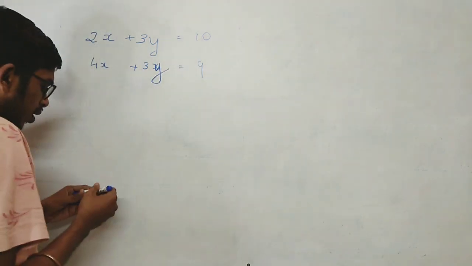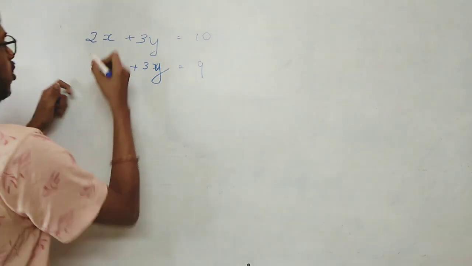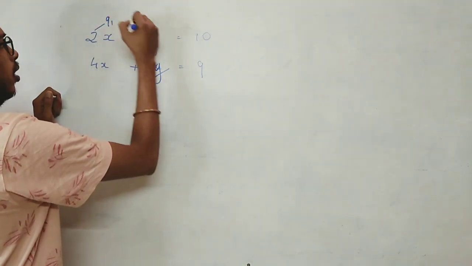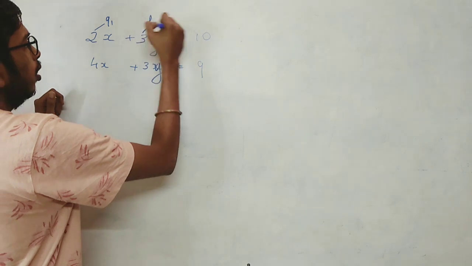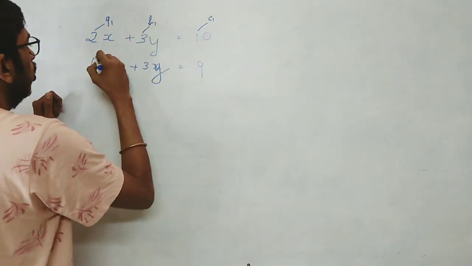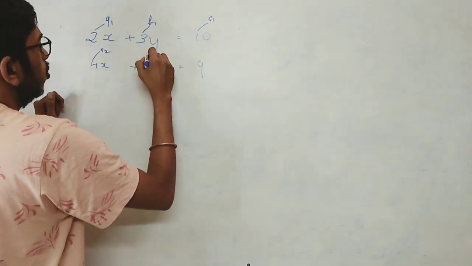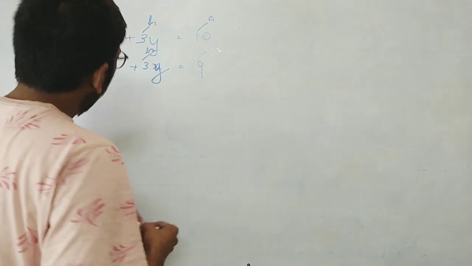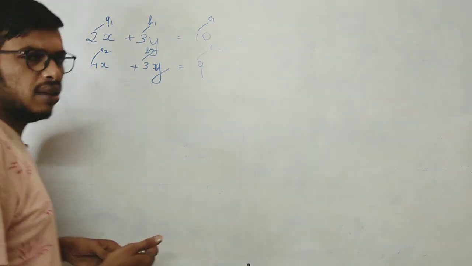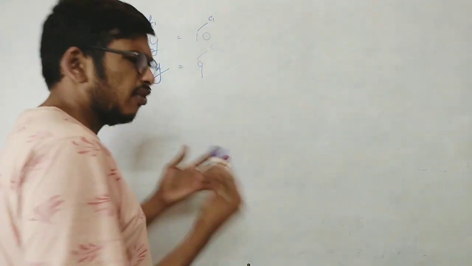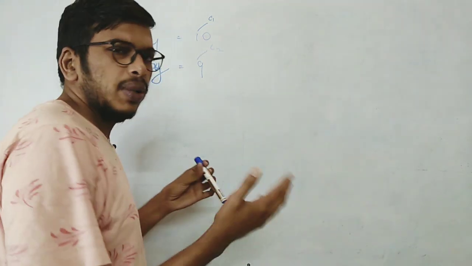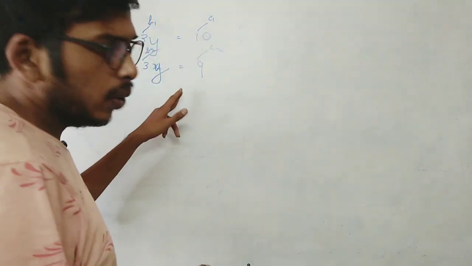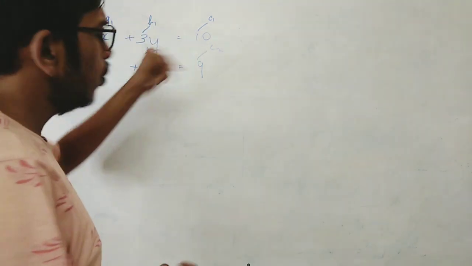This is A1, this is B1, this is C1, this is A2, this is B2, this is C2. How do I write this A1, B1 and all? We know the general form of a linear equation, ax plus by plus c. Since we have two equations here, I am taking A1, A2, B1, B2 and C1, C2.